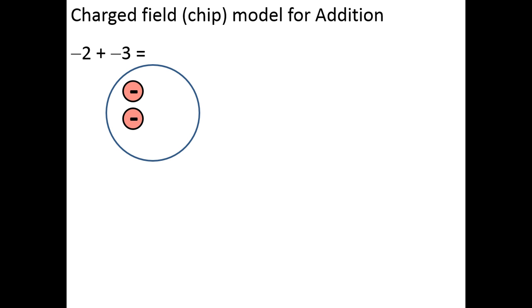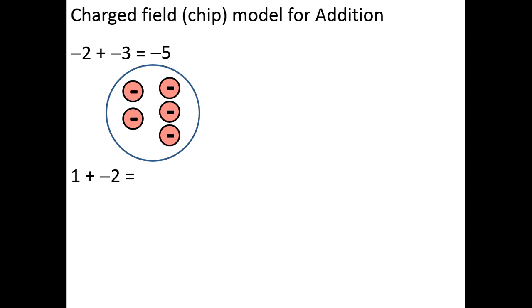First, we'll add 2 negative chips representing the negative 2. And we will add to that 3 negative chips to represent the negative 3. And now we look at the overall charge in the field, the overall number of negative values, which is 5, which is why negative 2 plus negative 3 equals negative 5.